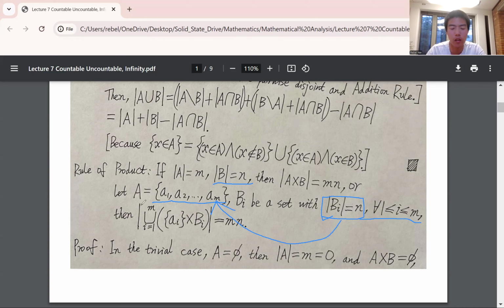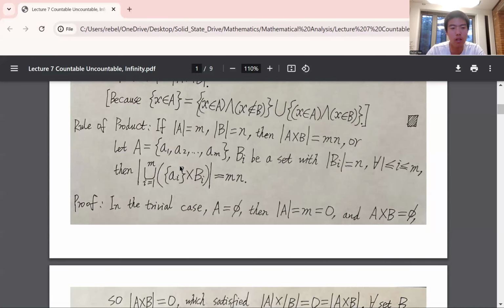And then the cardinality of the union of a single element times Bi is equal to m times n. And that's usually the case we found here.